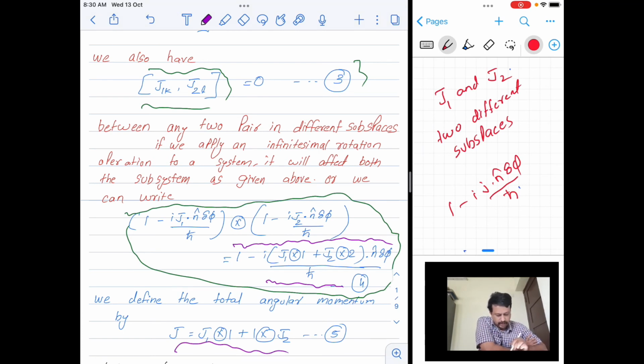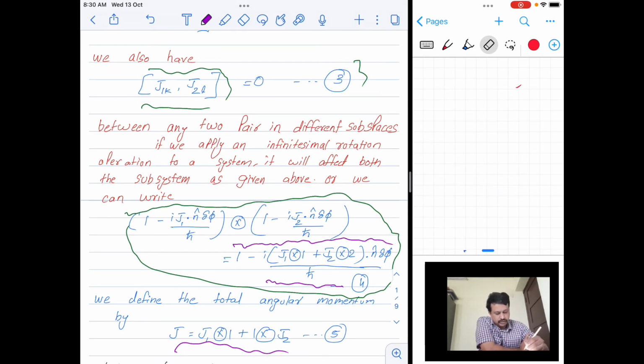This is our total angular momentum, and assume that all these are matrices. Here 1 is the identity matrix in the first subspace, and similarly for 1 times J2 with the identity in subspace 1.